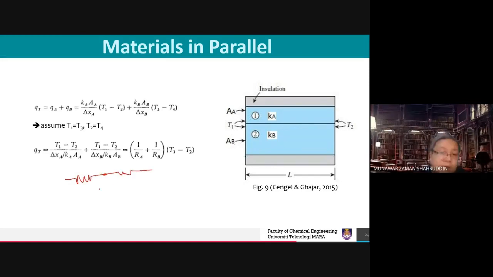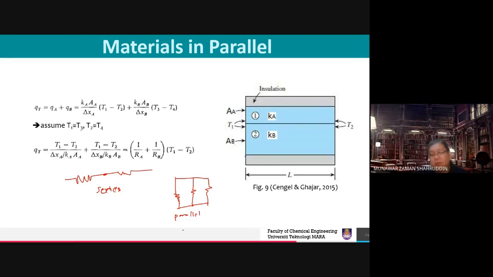This one is called series. And there is also the circuit whereby you have this kind of resistor arrangement, right? So this one is called parallel.